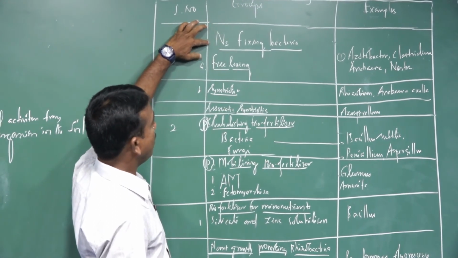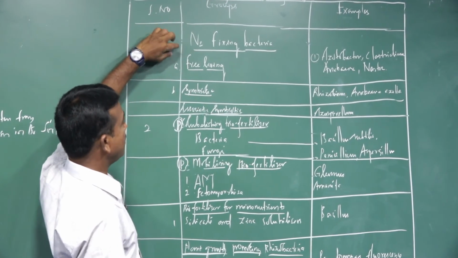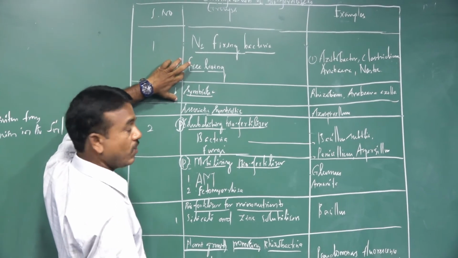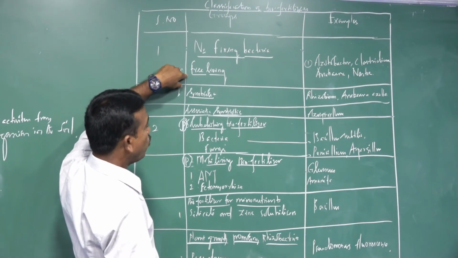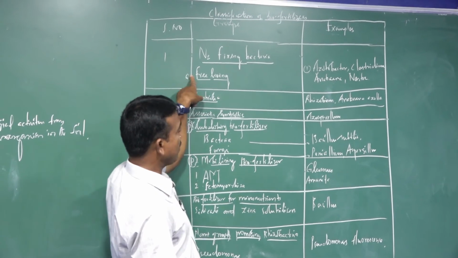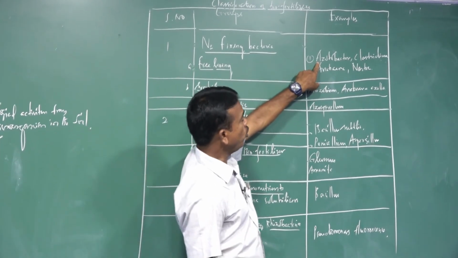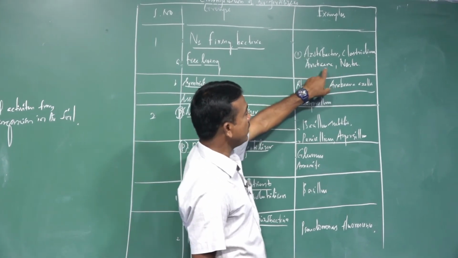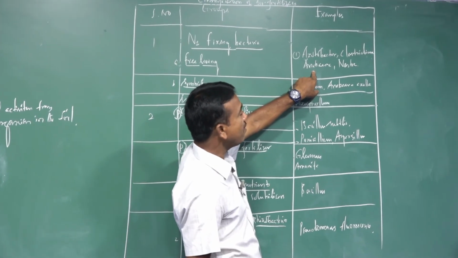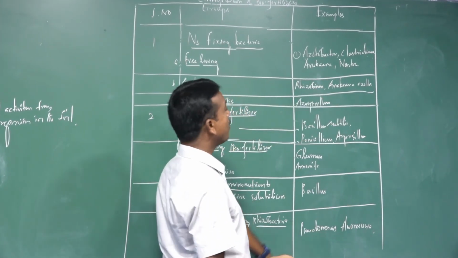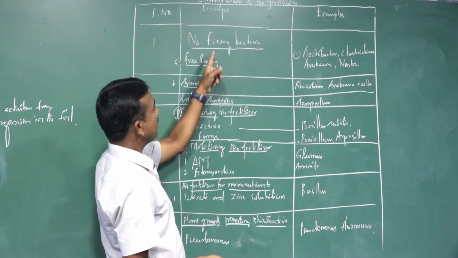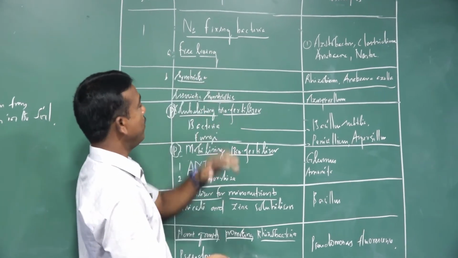Nitrogen fixing bacteria can be classified as free living as well as symbiotic. Examples of free living are Azotobacter, Clostridium, Anabaena, and Azotobacter-type organisms. Those are the examples of free living nitrogen fixing bacteria.